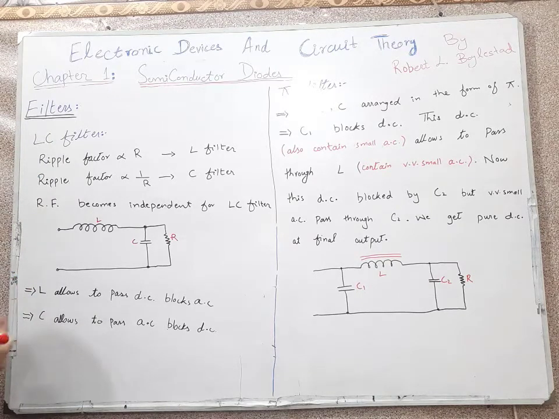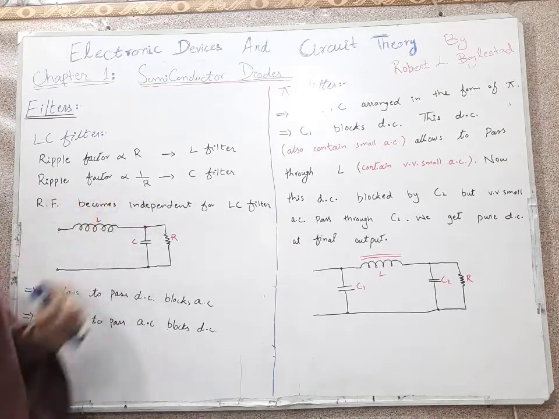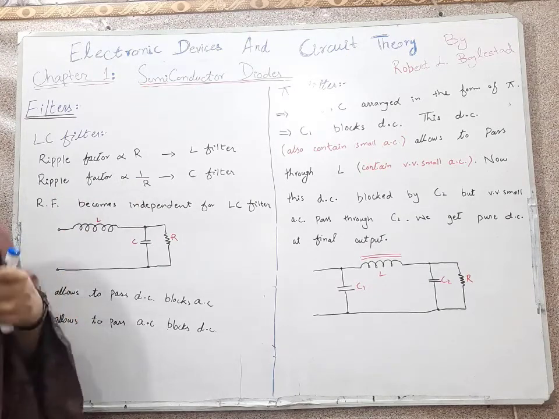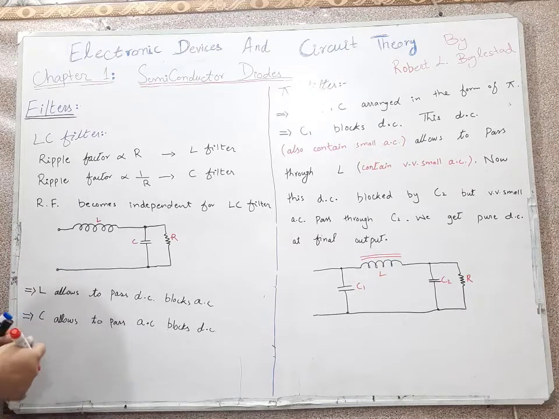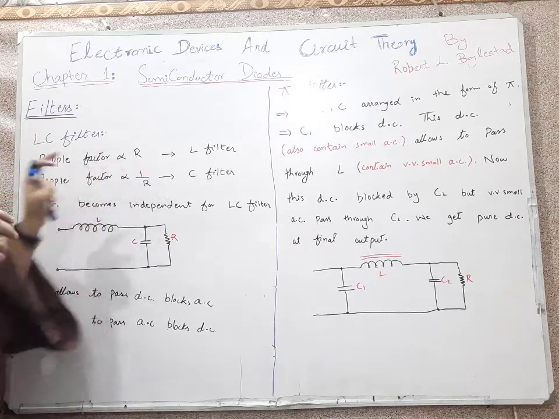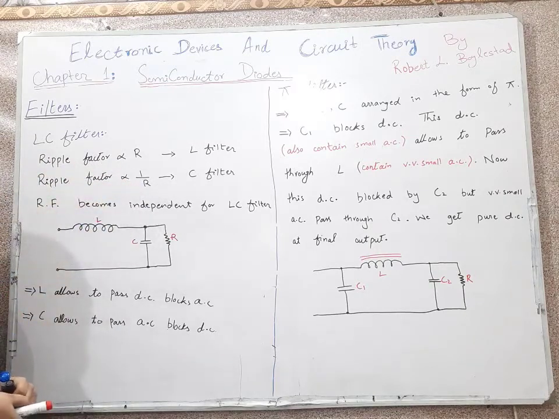For the inductor filter, our ripple factor is directly proportional to the resistance. But for the capacitor filter, our ripple factor is inversely proportional to the resistance. Ripple factor is basically the amount of ripple. So in this case our ripple is directly proportional to resistance, and in this case our ripple is inversely proportional to resistance.